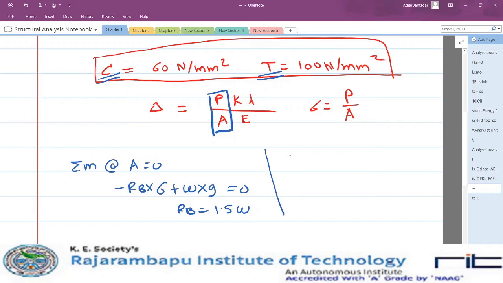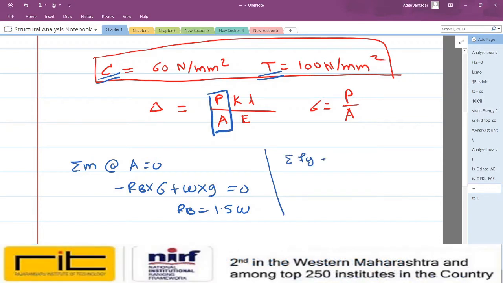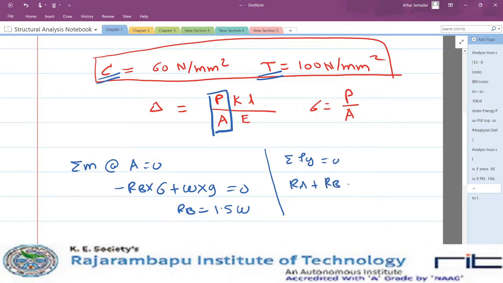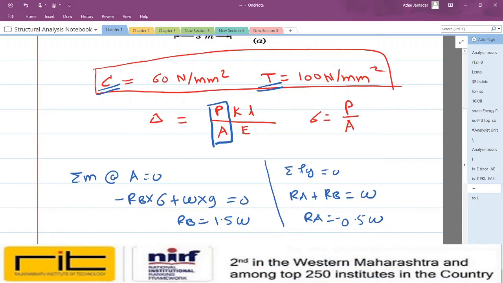Now if you take summation of Fy is equal to 0, so we will get RA plus RB is equal to W. RA is going to be 0.5 times W, but it will be minus. Why minus? Because RB is 1.5 times W, it will go to right hand side, it will become minus.